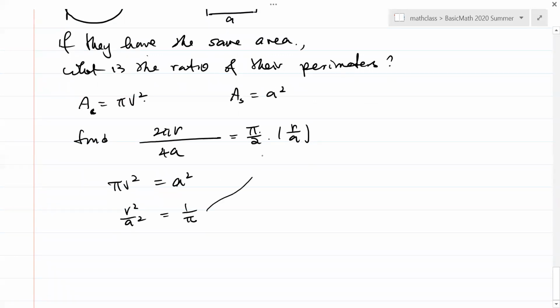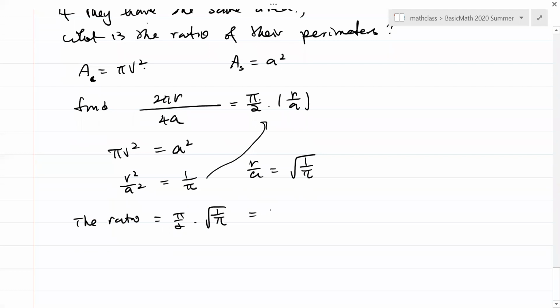Then you plug in here, but you cannot plug in directly. You have to find r over a. So r over a is going to be the square root of 1 over pi. So the ratio is going to be pi over 2 times the square root of 1 over pi. Now the question is how to simplify. Casey got square root pi over 2. That's correct.